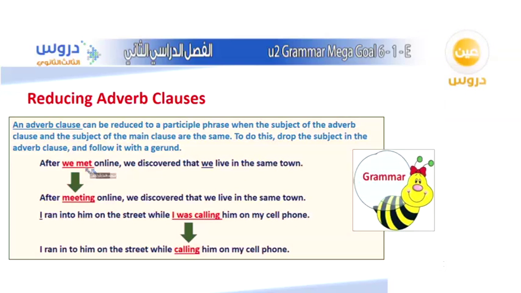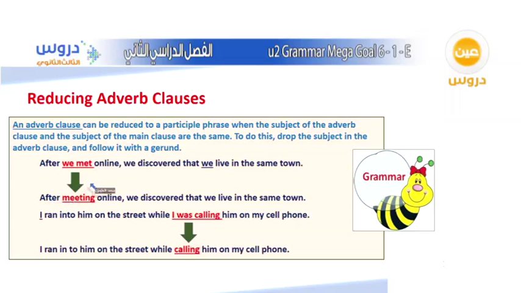Where is the subject of the adverb clause? The subject of the adverb clause is we. And the subject of the main clause is we too here. So, since they are the same, an adverb clause can be reduced to a participle phrase.